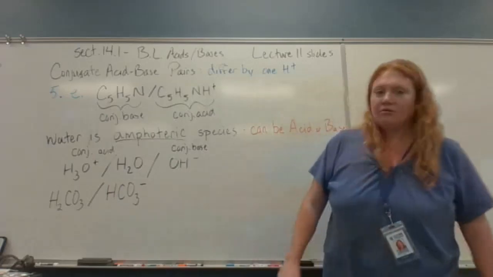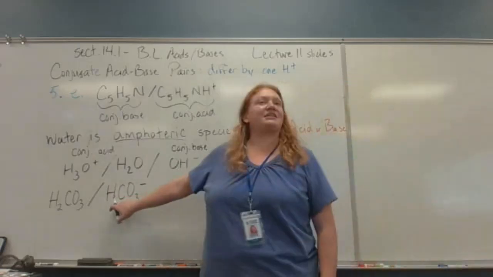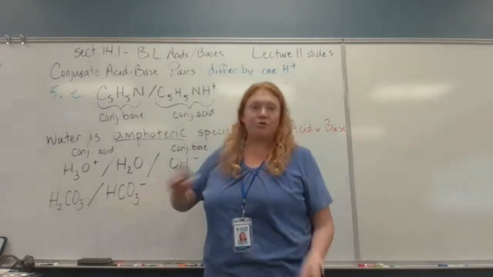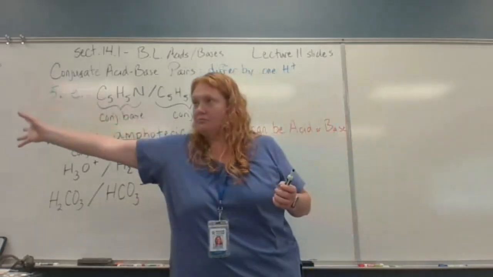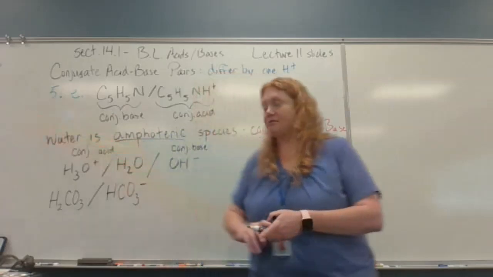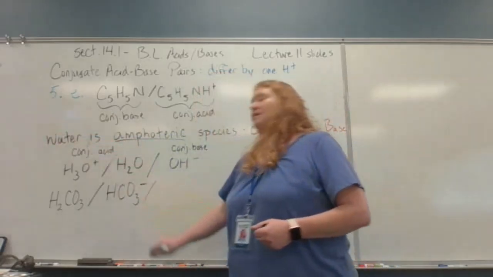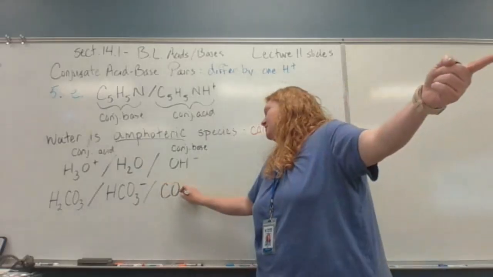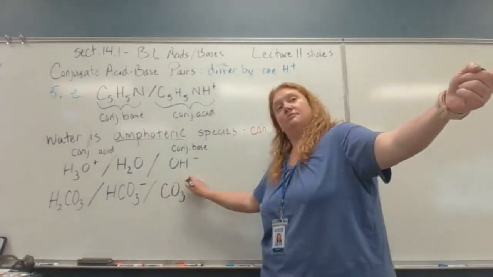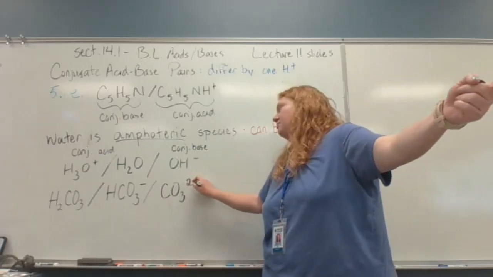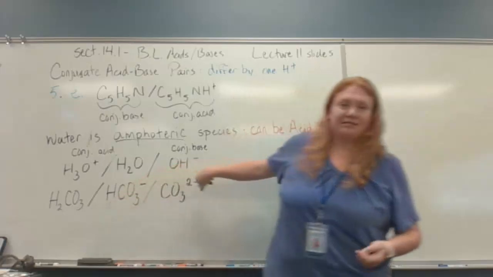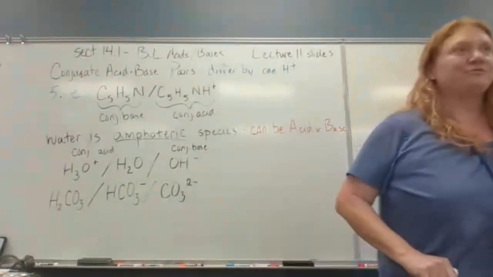If this is going to act as an acid, meaning this species is going to give away an H+, what is the conjugate base that it forms? CO3 2 minus. It was already minus 1. It gave away its H+, so now it's minus 2.